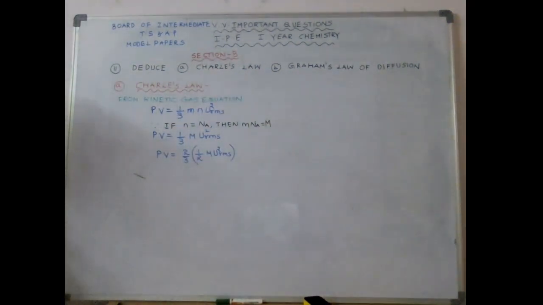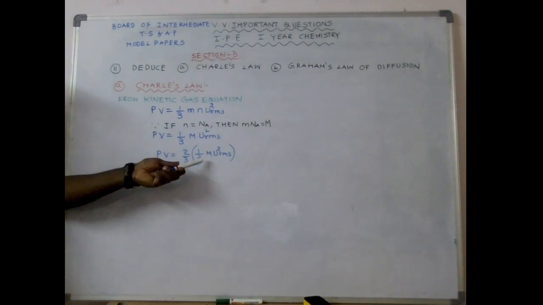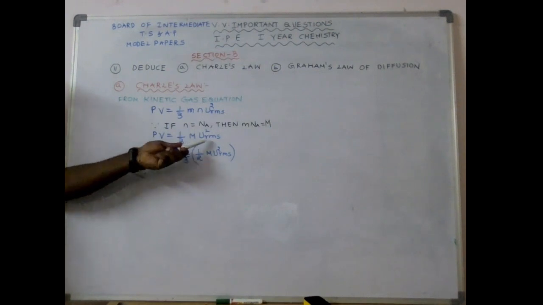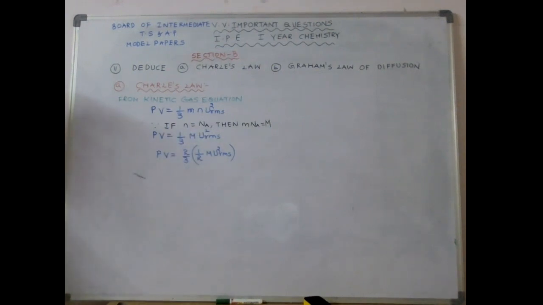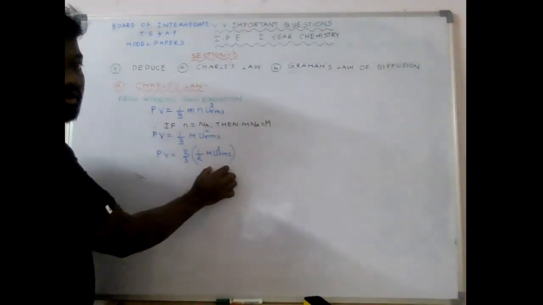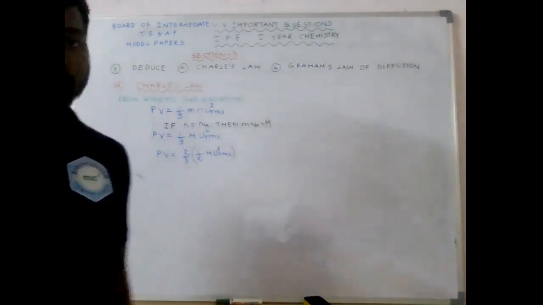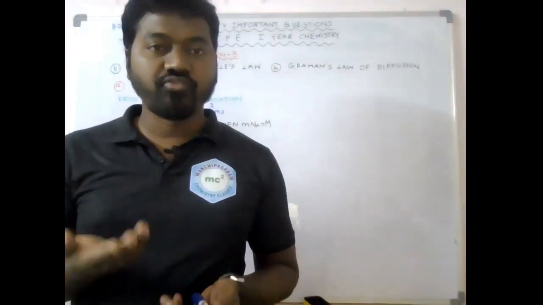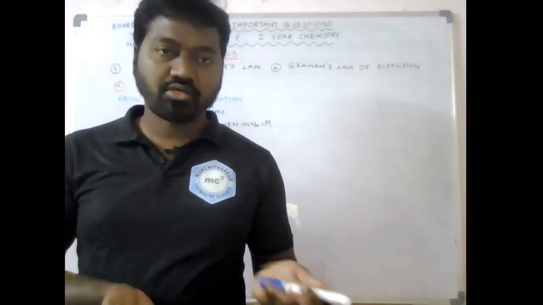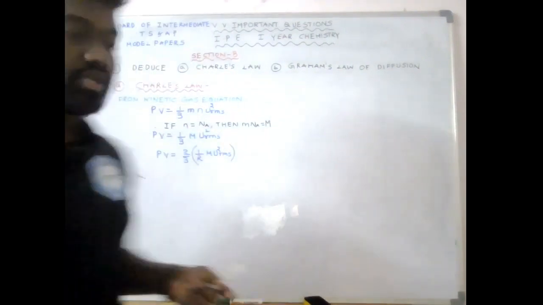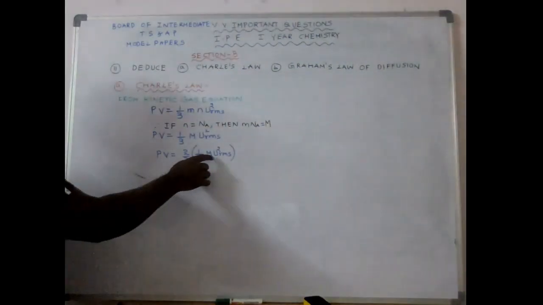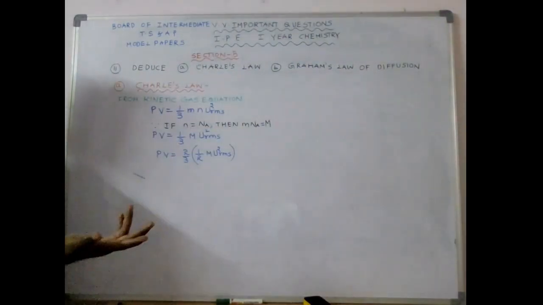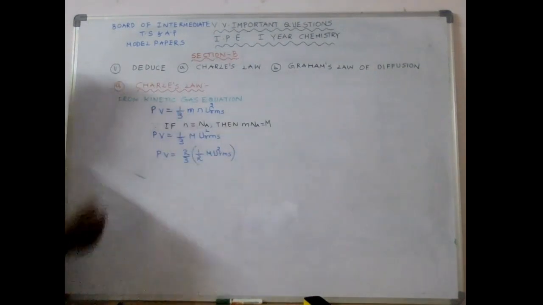If you observe, the 2 and this 2 will get cancelled, and you get 1 by 3 M URMS square only. This formula resembles the kinetic energy formula. Kinetic energy is equal to half mv square, where m is mass and v is velocity. Here also M is the molecular mass, and U is the velocity, the RMS velocity.